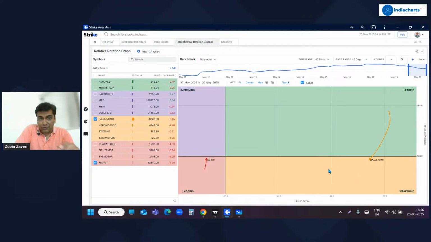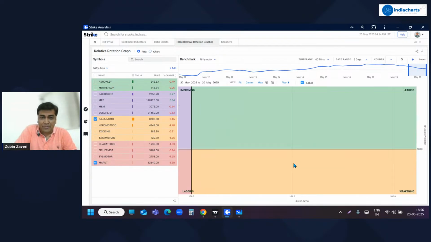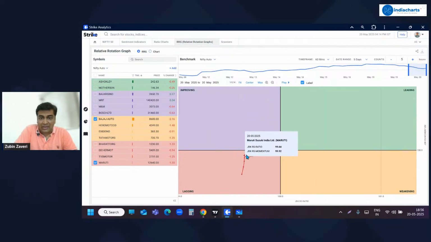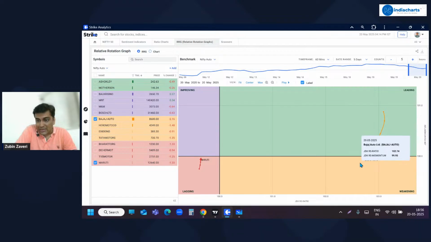So over here, if you are looking at 60 minutes, a very short time frame, you need to see whether Maruti is coming up into the improving quadrant and then into the leading quadrant or not. And in Bajaj Auto, you need to see that it's coming down. It may just come into the lagging quadrant, or it may return into the leading quadrant.